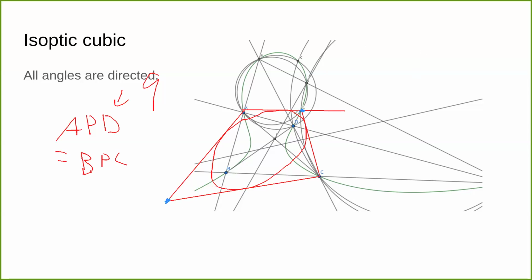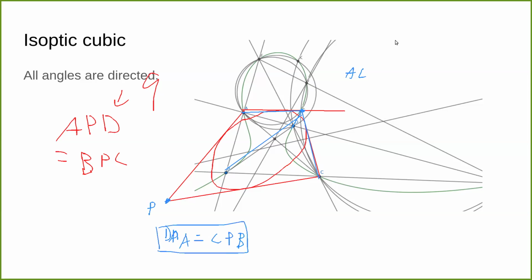Do you guys see why this is true? Well, we want to prove that this angle equals this angle, right? Let's call this point P. We want to prove that DPA equals CPB.